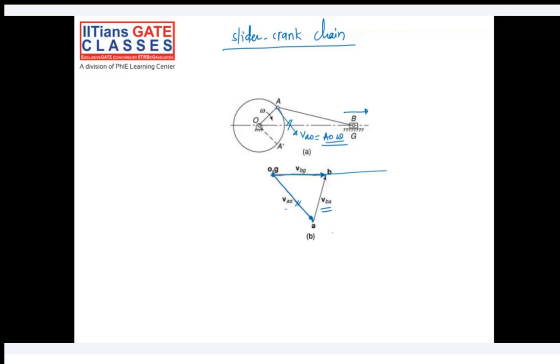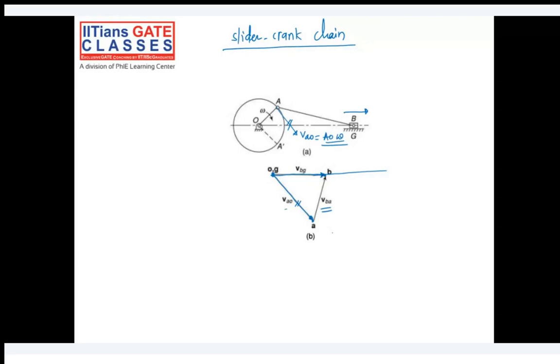Are you getting why I have taken the velocity of the slider in the direction of the motion? Velocity of slider is in the direction of motion of the slider, whereas in the case of a rotating link, the velocity was perpendicular to the link, correct?